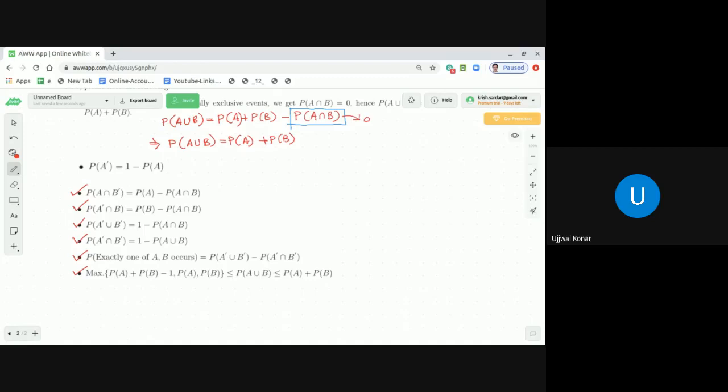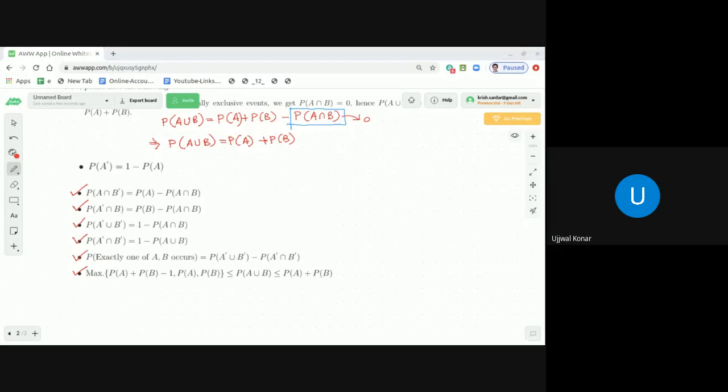In case of any doubt, you can always get back to me later. This is the way you can practically realize how these equalities are working. And now let me proceed to the next point.